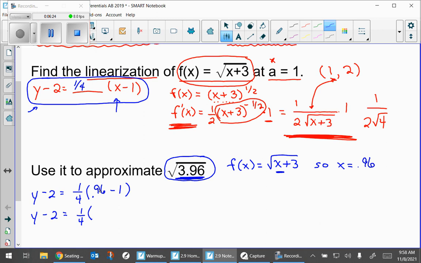What do you get when you take 0.96 minus 1? Negative 0.04. So y minus 2, what is 1/4 of negative 0.04? Negative 0.01.